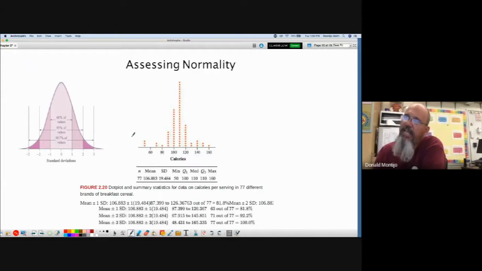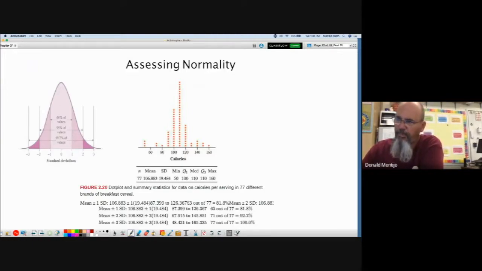Now, if this data is normal, then we know that approximately 68% of all the data will lie within one standard deviation of the mean based off of the 68, 95, 99.7 rule over here on the left. We know that approximately 68% of the data falls between one standard deviation of the mean.